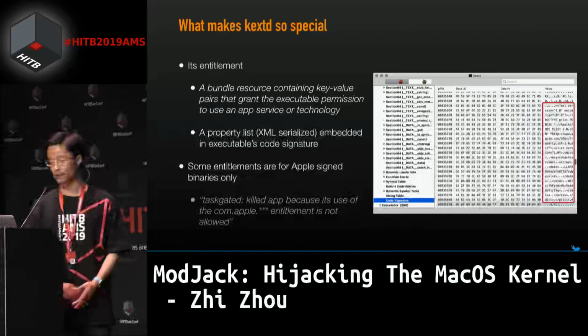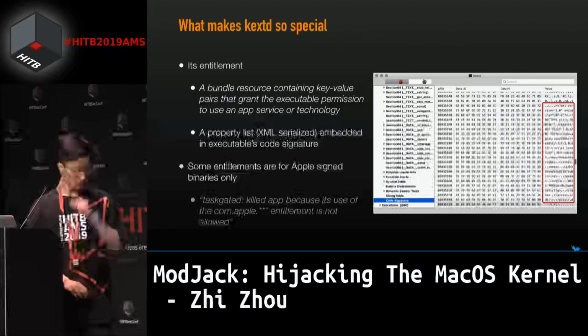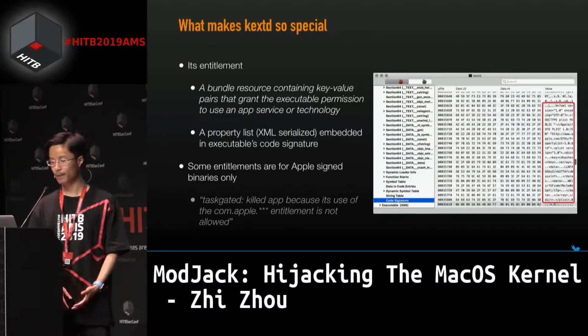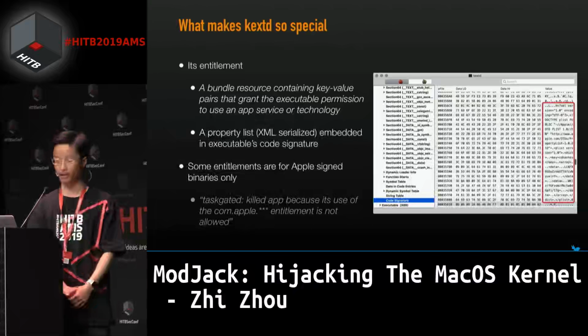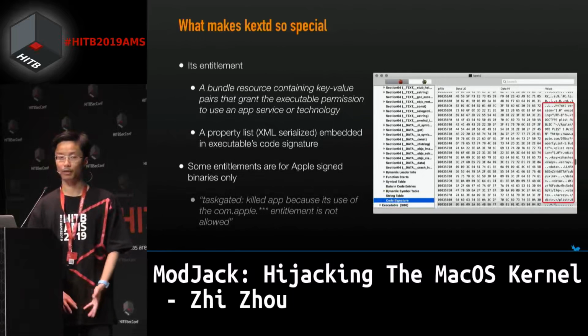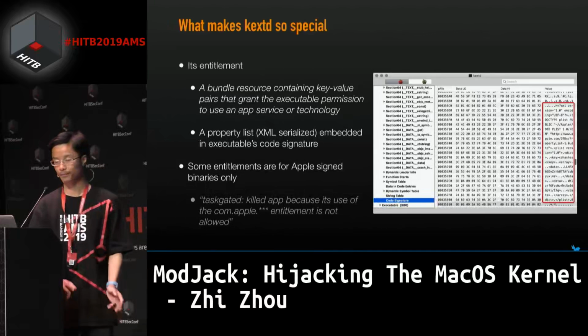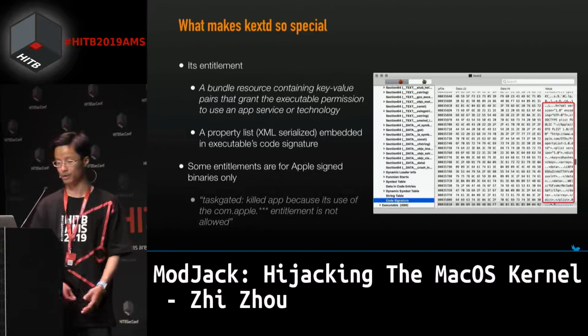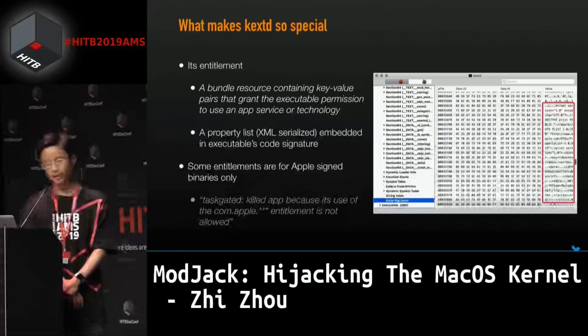It's serialized in plist format, which we are so familiar with, and it is embedded in the executable's code signature. This is to ensure that these entitlements cannot be modified by untrusted sources, because they are bound with the code signature.